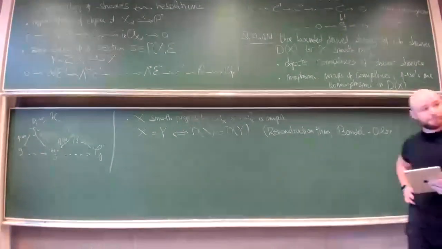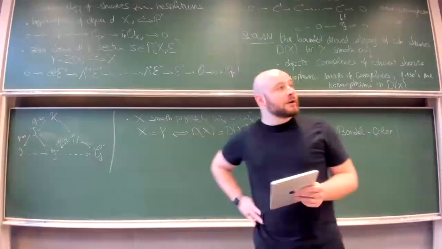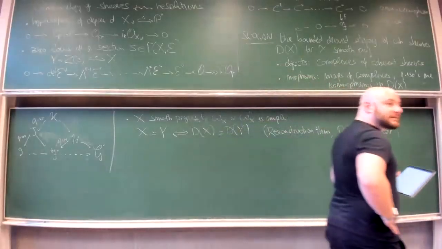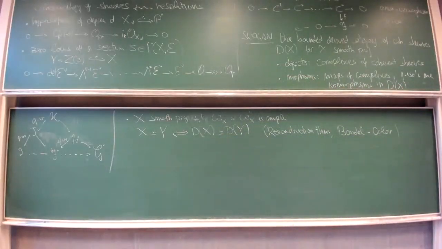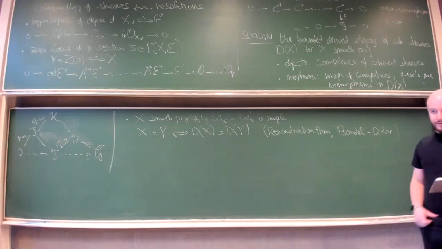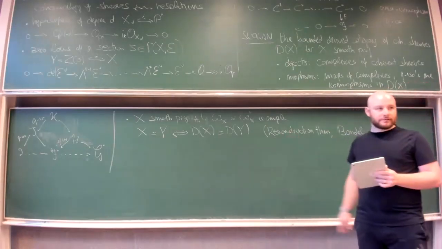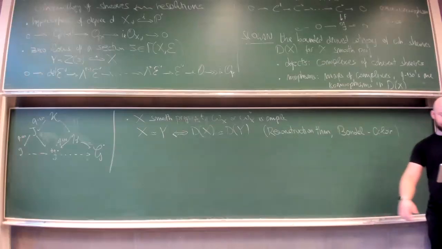Is it something naive, like looking at where skyscraper sheaves go, something like this? The idea is something like that, but it's totally not trivial. But the idea is something like that. You want to construct some object coming from the ideal by the structure sheaf of points, basically, like this. But it's not a trivial solution.